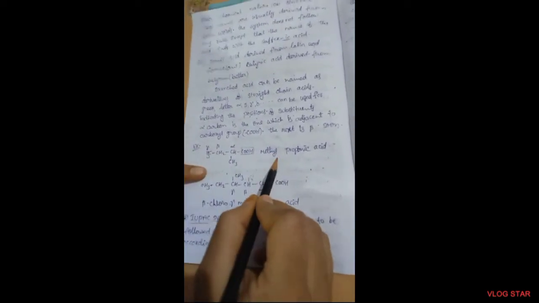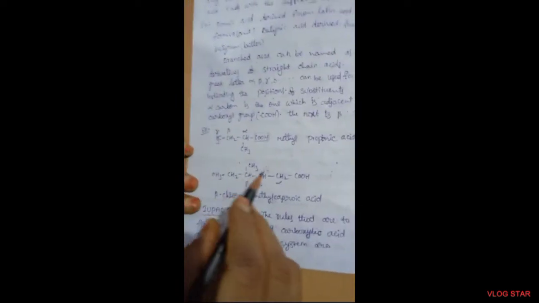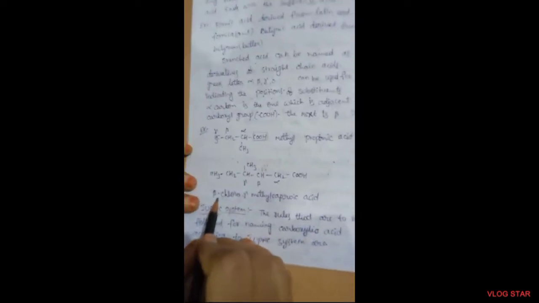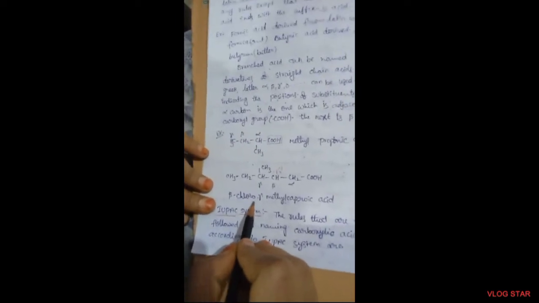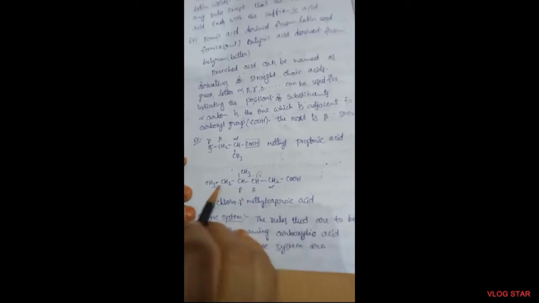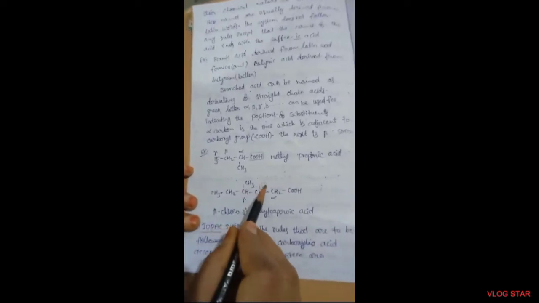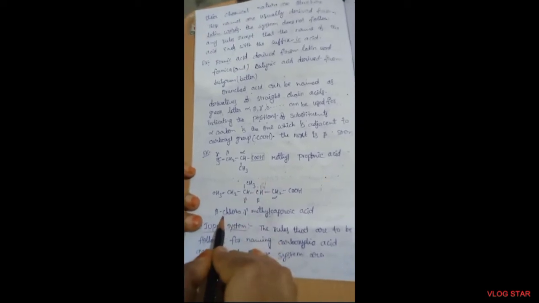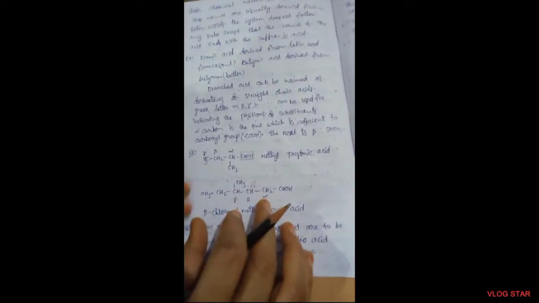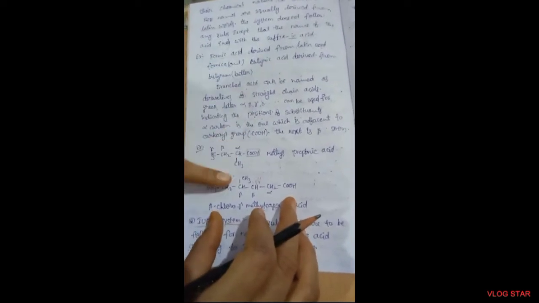This name is methyl propanoic acid. See here we have another structure, that is beta chloro gamma methyl valeric acid. In these beta and gamma positions we have substituents. That's why we represent it like this. If we have long chains, we use alpha, beta, gamma in the common system.